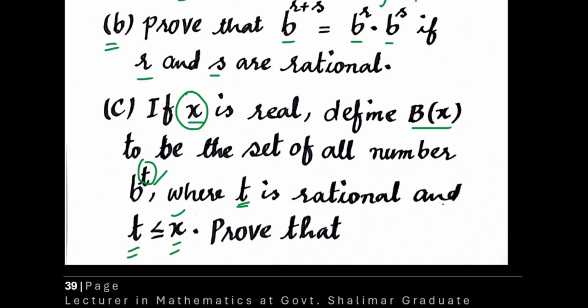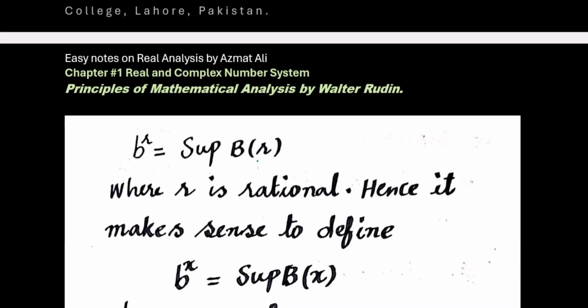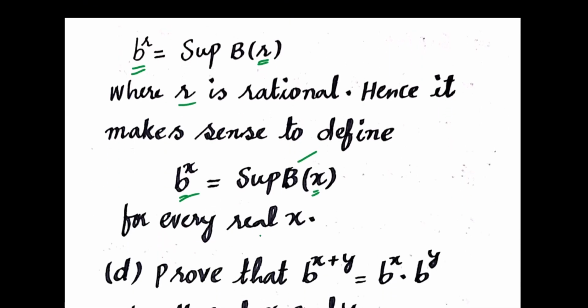I have to prove that this set B(r), with the rational number r, has a supremum b raised to power r, where r is a rational number. Hence it makes sense to define the supremum of this set for any real number x to be b raised to power x, for every real number x.